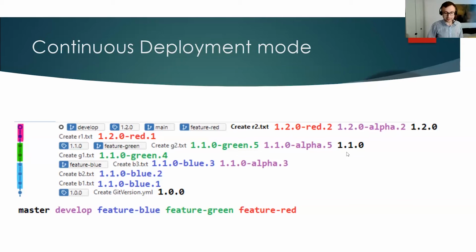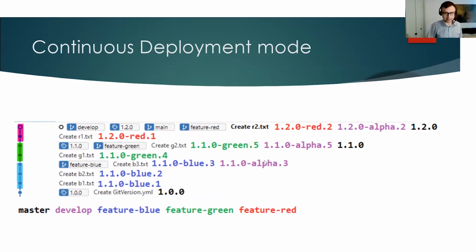Now we have informed the tool that we are stable at 1.1. And after we start to work on the new features, the tool immediately knows, okay, now you started to work on 1.2. And the history repeats, right? Not much more complicated than the mainline, but a bit more stuff.